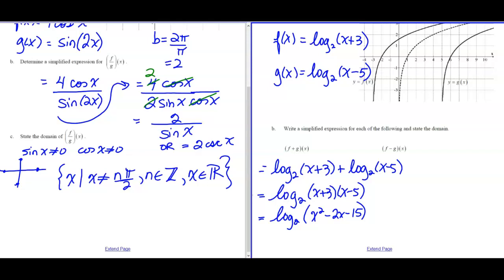In terms of the domain, x has to be greater than -3 there. x has to be greater than 5 there. So where do those overlap? x has to be greater than 5.